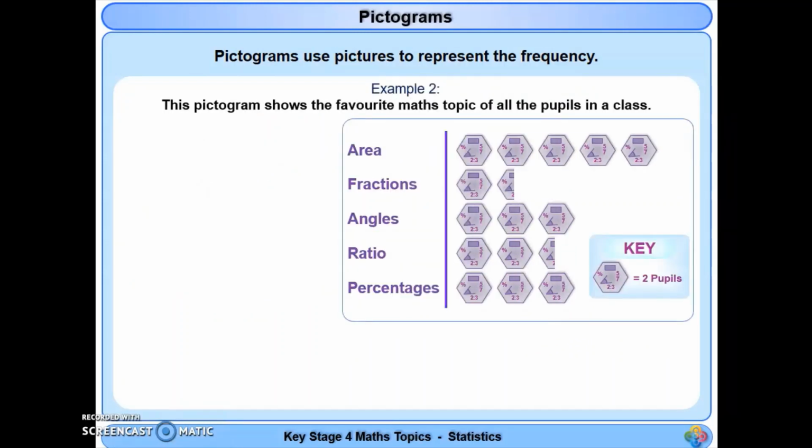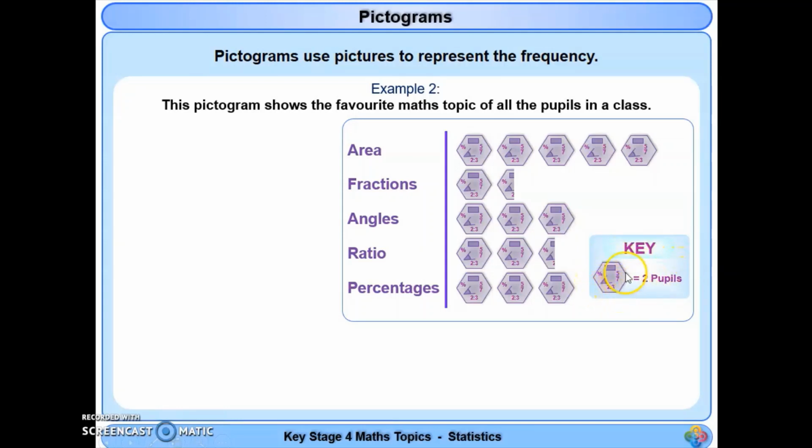Let's have a look at another example. This pictogram shows the favorite maths topics of students in a class. You can see some students liked area, some liked fractions, some liked angles, some liked ratio, and some preferred percentages. If we look at the pictogram key, we can see that each image, each hexagon, represents two pupils.